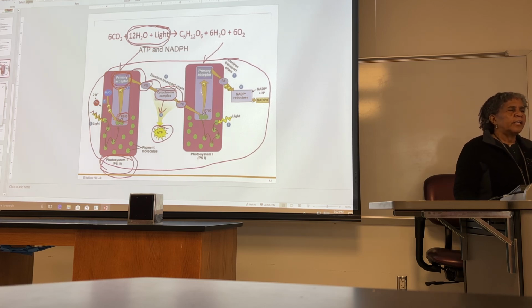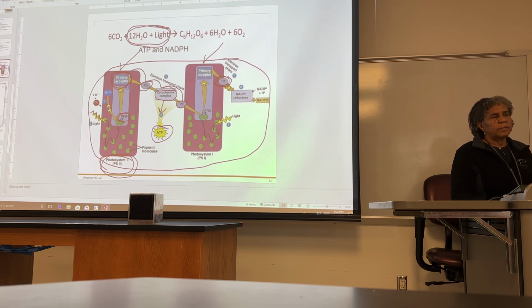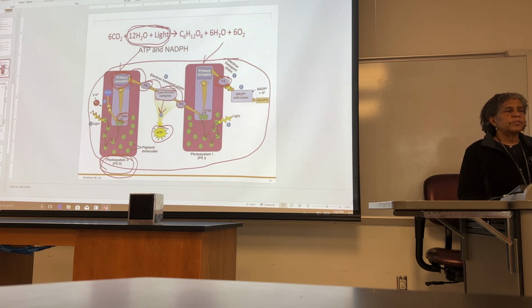Okay, so anyway, and then things get transferred into photosystem number 2, again through the same kind of thing. Ferredoxin is part of the electron transport, and for the latter part, you don't have to know this, but the NADP reductase will then reduce the NADP to make it NADPH.